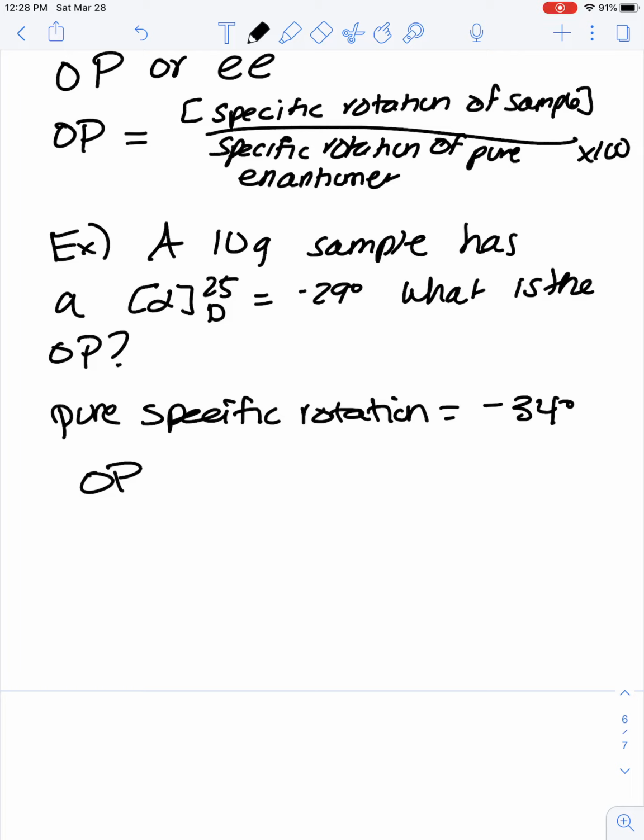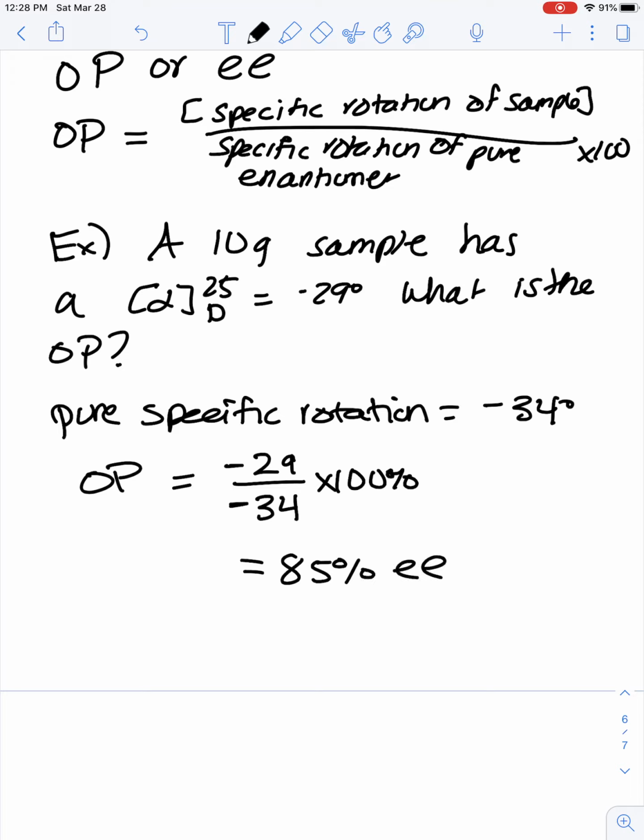So we would take our minus 29, which is what we experimentally observed, and divide this by the specific rotation of the pure enantiomer, again just looking it up on PubChem. Then you multiply this by 100%. So we would have 85% enantiomeric excess for this specific compound.